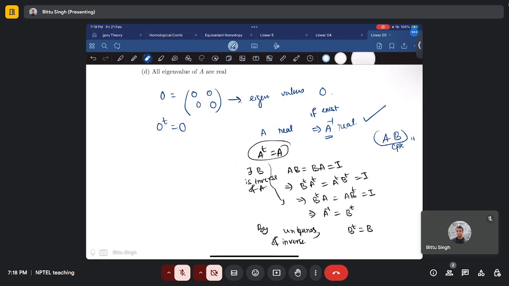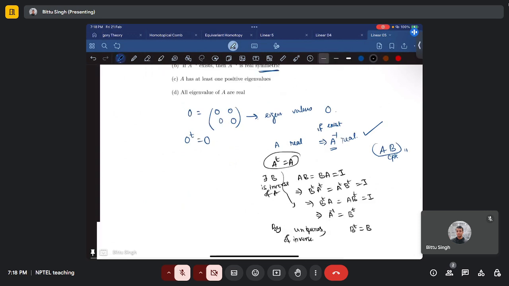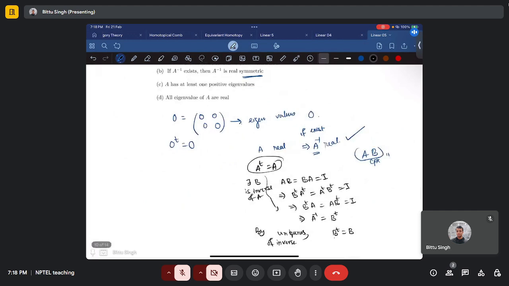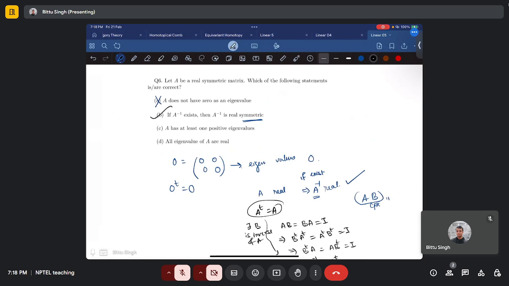So from here it is clear that B transpose is B, but B is the inverse of A, so A inverse transpose is the same as A inverse. So this is true.